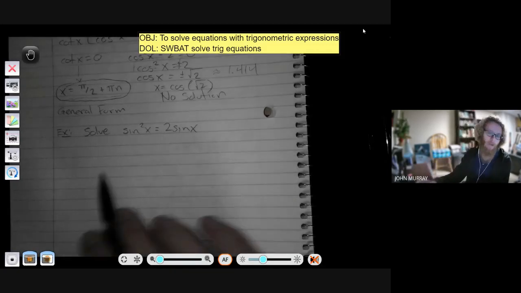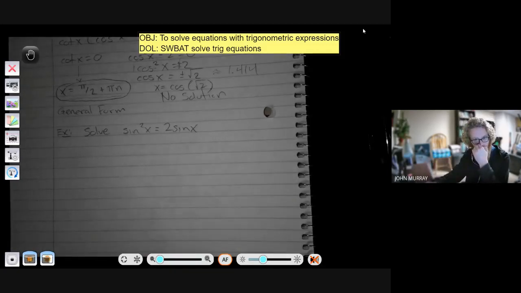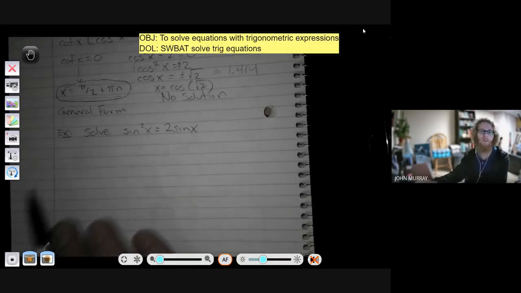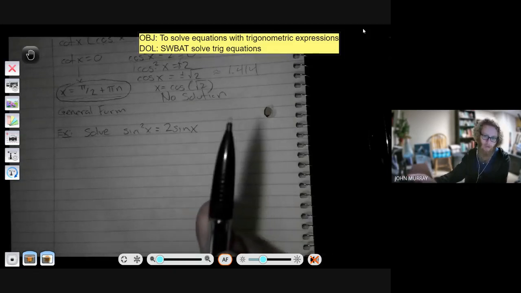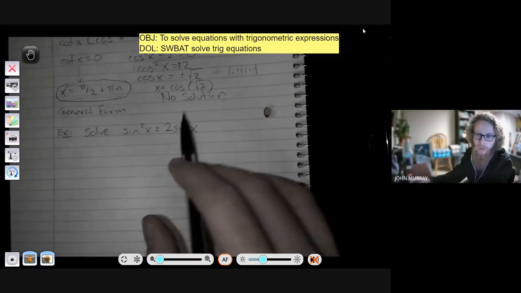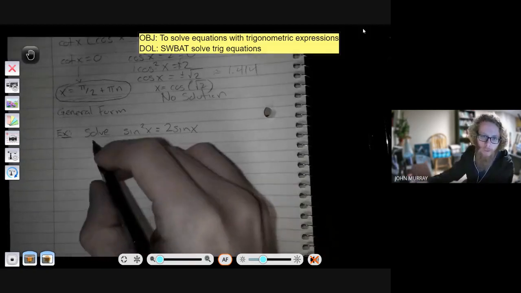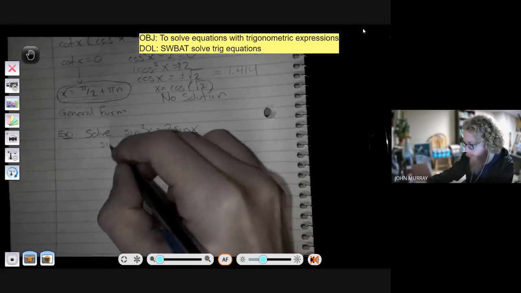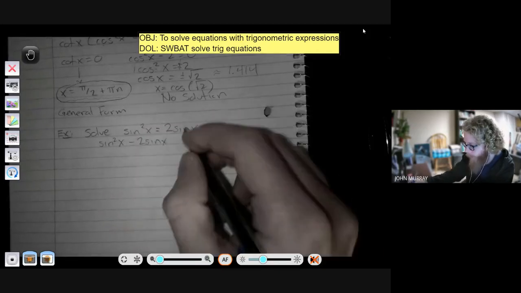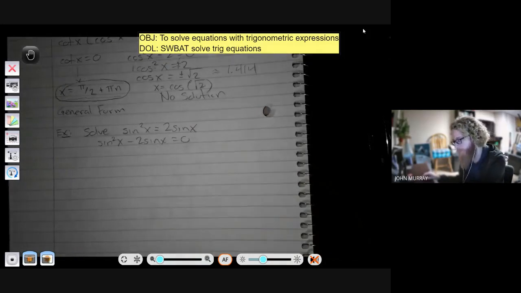So again, we see sine squared x. I can use an identity to say that it's 1 minus cosine squared, but that's not going to help me actually solve it. So again, let's move everything with an x to one side. So I can subtract 2 sine x from both sides. So I get sine squared x minus 2 sine x equals 0.